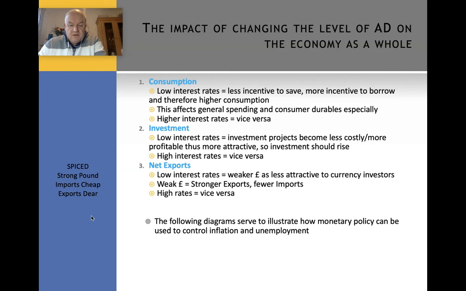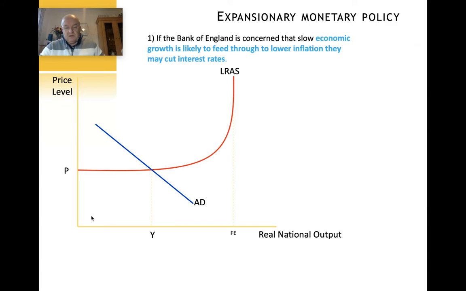So let's take a look at some diagrams in the same way as we did when we looked at expansionary and contractionary fiscal policy, and let's see how monetary policy could be used to control inflation and also unemployment. So let's break it down. We've got a situation where the Bank of England is concerned that slow economic growth is likely to feed through to lower inflation, and that they may choose in that case to cut interest rates.